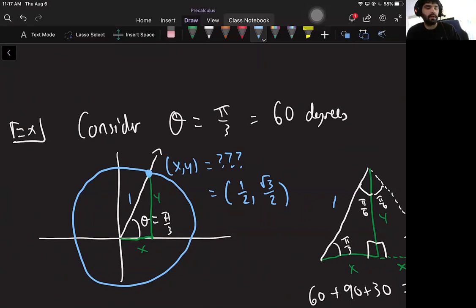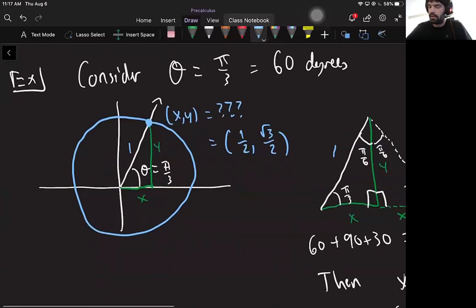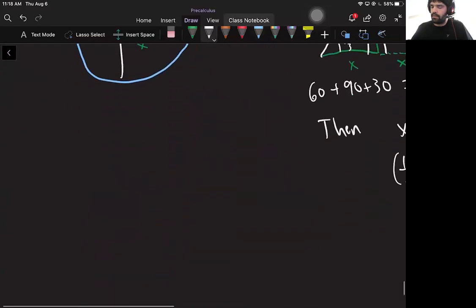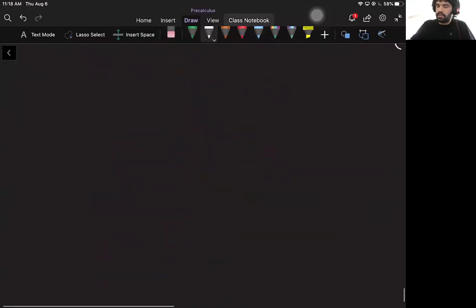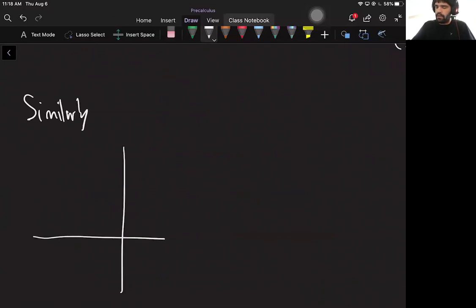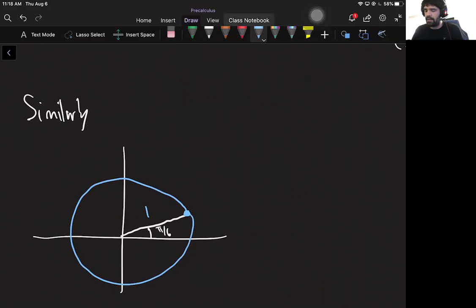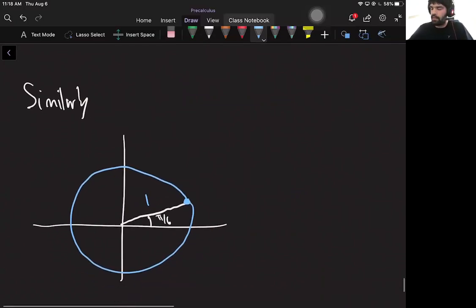But this actually lets us figure out the other one like instantaneously. So similarly, if you draw the pi over 6 angle, and you do the same exact trick, what's happening is you're getting that exact same triangle that we got before, but sort of rotated, because this guy is now pi over 3.